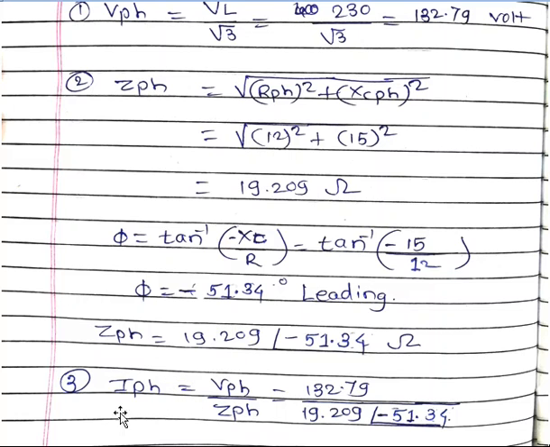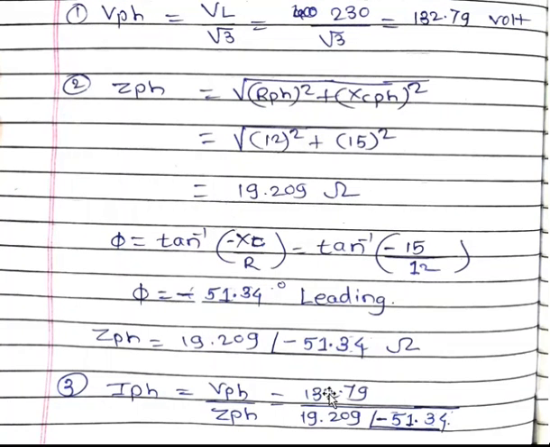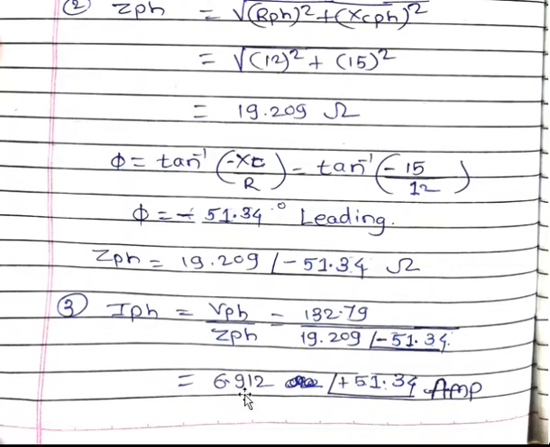Now the IPH is equal to VPH divided by ZPH is equal to 132.79 divided by 19.209 at an angle minus 51.34 degree. Here the answer of this calculation is equal to 6.912 ampere at an angle plus 51.34 degree.